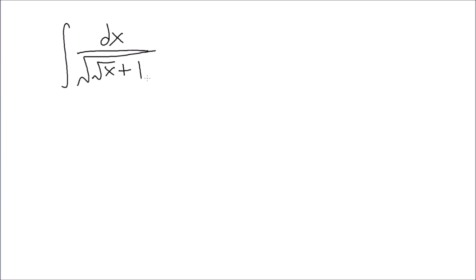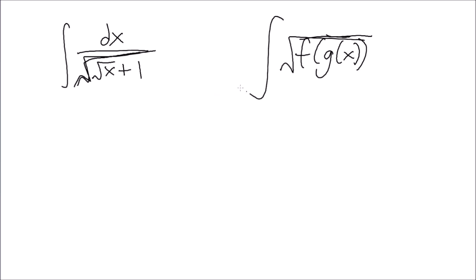Again, I do this whenever I see a radical, or let's say you see a bunch of composite functions, and then it's all square rooted. Whenever I see something like this, I'm gonna let u equal the entire thing.